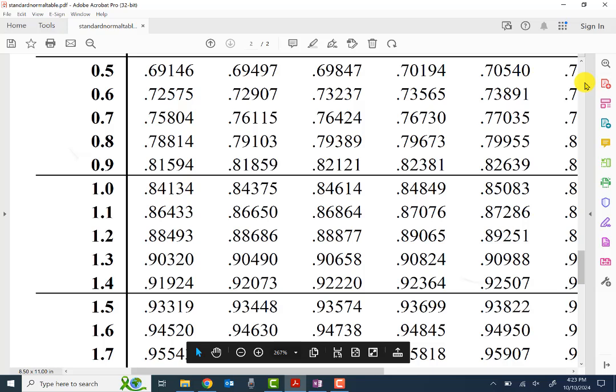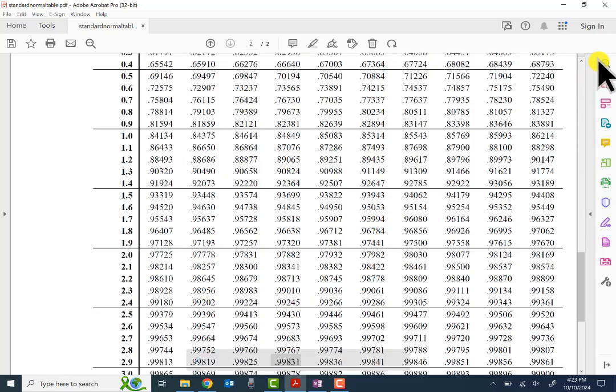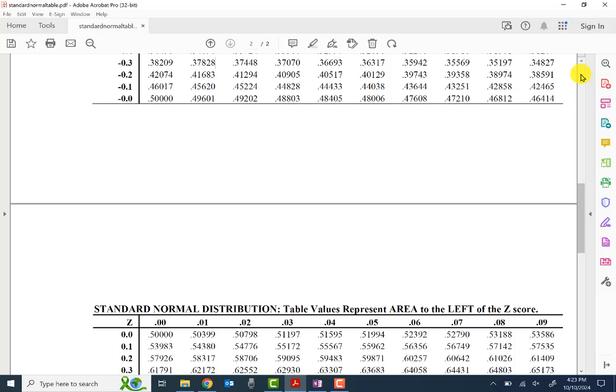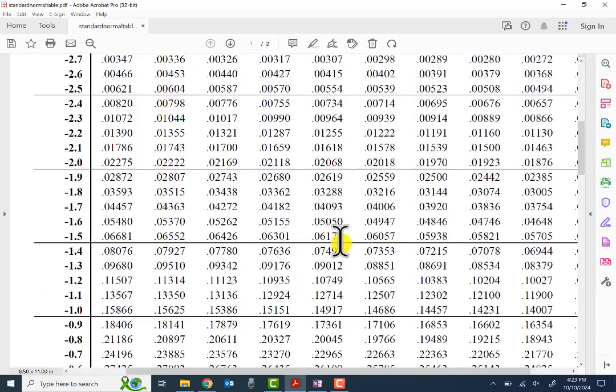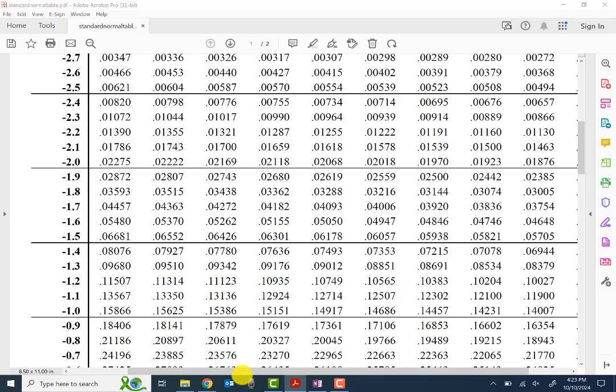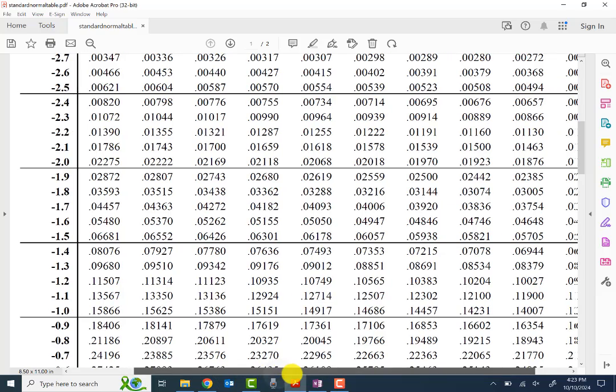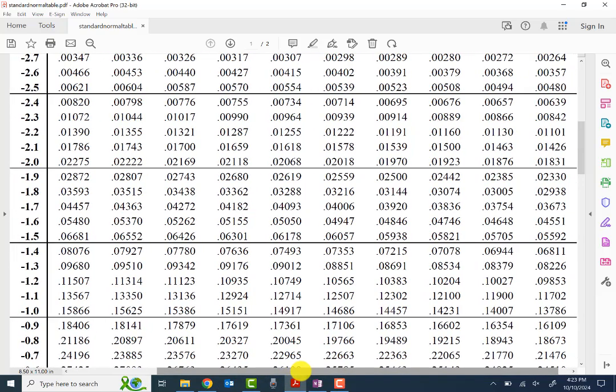And I think I'm going to make this smaller while I'm here. So I need -1.48. So I'm going to be in the -1.4 row. I don't know how big I can make this before it runs off the screen. Let's see here.